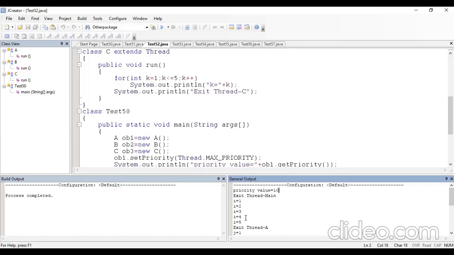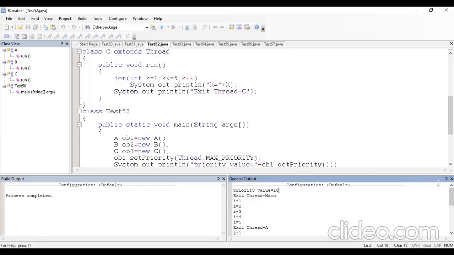That means thread A gets executed first. Now it is fine, but you may not always get this output, because if the resources are available, thread priority will not affect the output. Earlier when I executed this program, I got a different output, which did not reflect the priority of the threads. So that is the point to be noted.